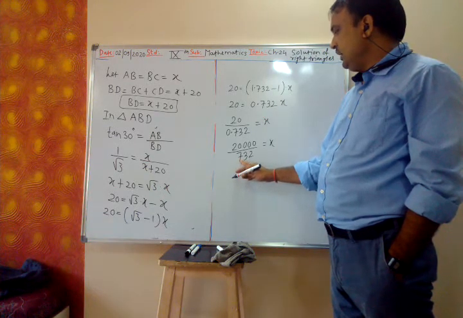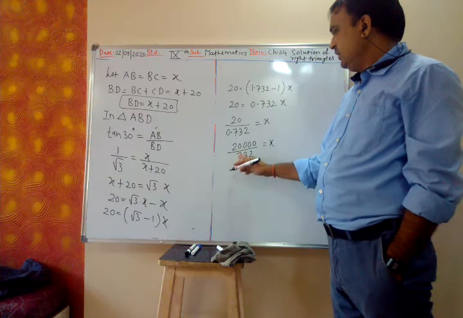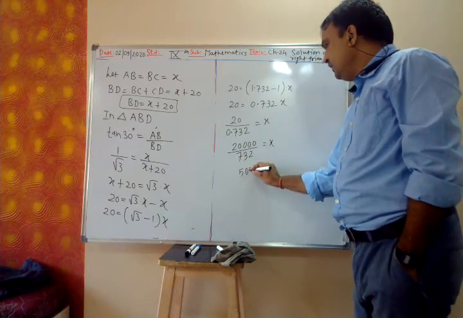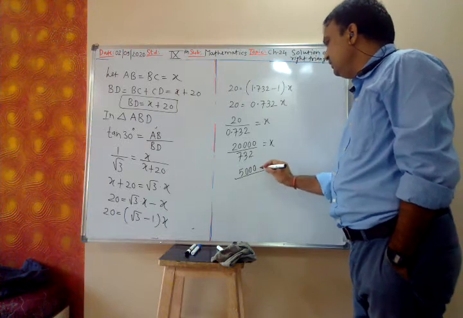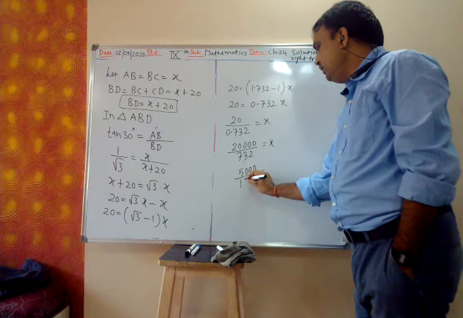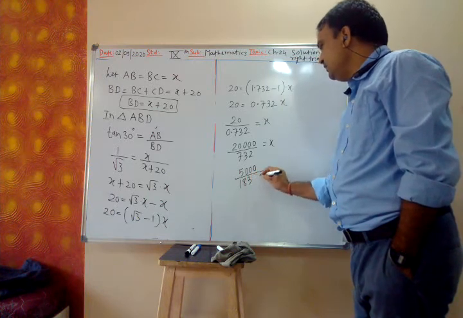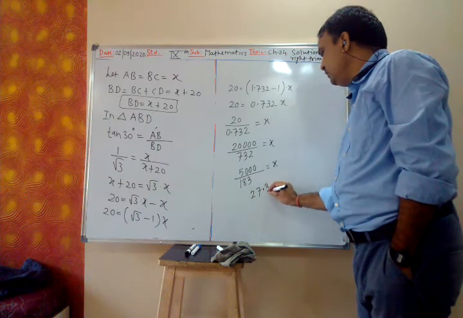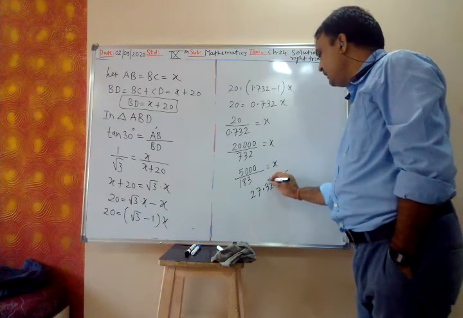You can cancel them by 4. 4 5s are 20, 5000 upon 183. 4 1s are 4, then 4 8s are 32, 4 3s are 12. So 27.32 is equal to X.